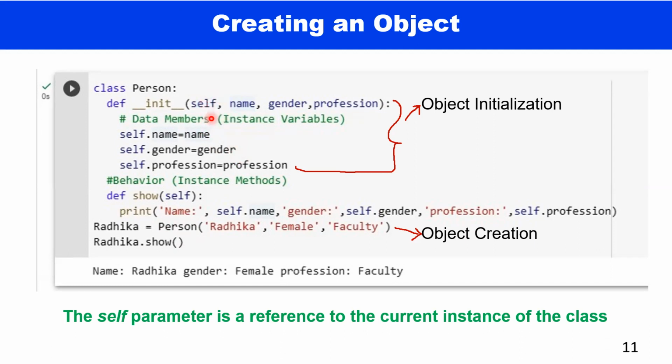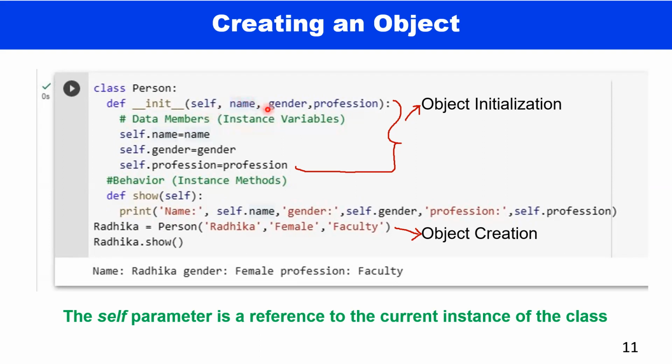And if you create a third object, object 3, self becomes object 3. So the value of self depends upon what object you are initializing. So that should be the first parameter in any of the methods that you define within the class.